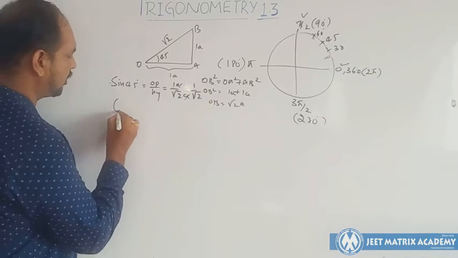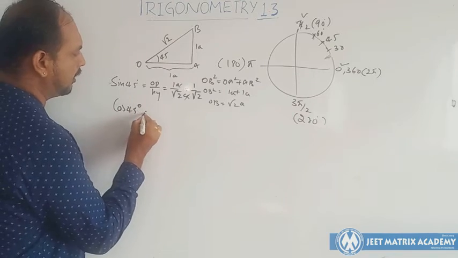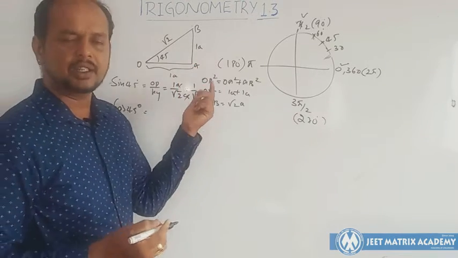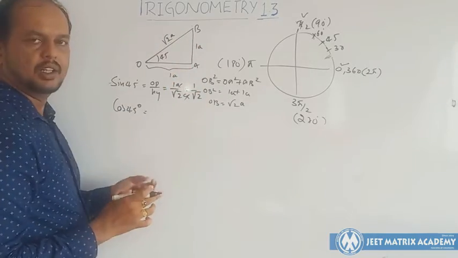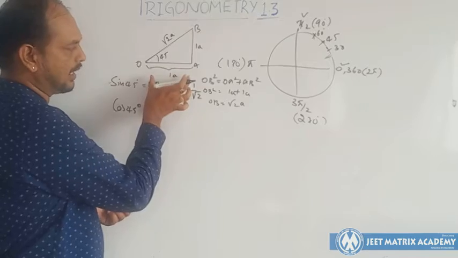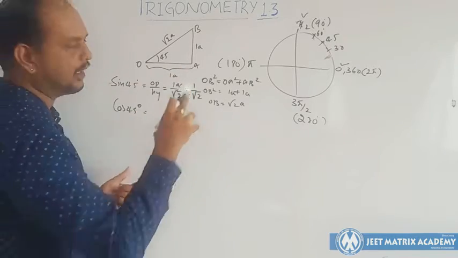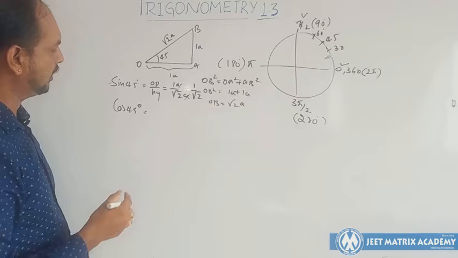Similarly cos 45 degree. You need not even take a. If you consider a, fine. That means the opposite side is represented with a, 1a or 2a, kind of like that.